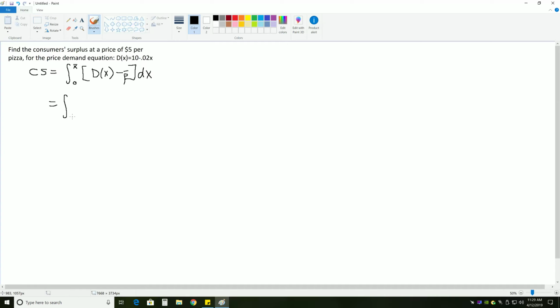So to start off with, we were not given x bar. X bar represents the quantity sold, which was not told to us. But we were given d of x, which is 10 minus 0.02x. That's our demand equation. So we'll plug that in.